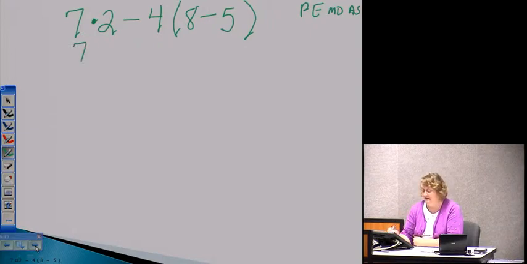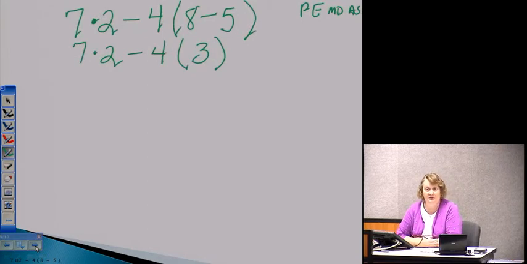We're going to bring down the 7 times the 2 minus the 4. 8 minus 5 gives me 3. Then, after we've done what's inside the parentheses, notice I leave the parentheses around it, because until I'm sure I'm through with the parentheses, it's always safe to keep them that one more step.